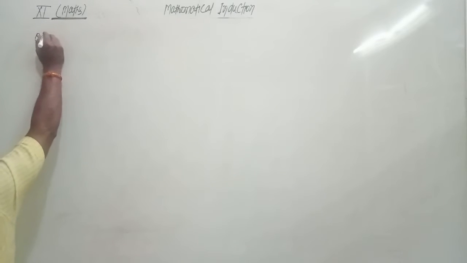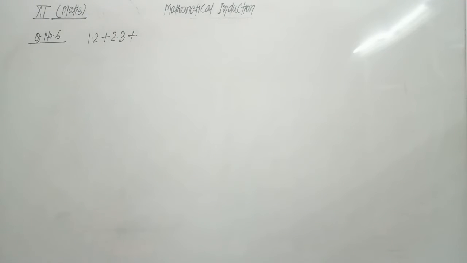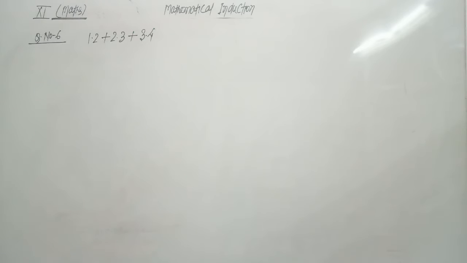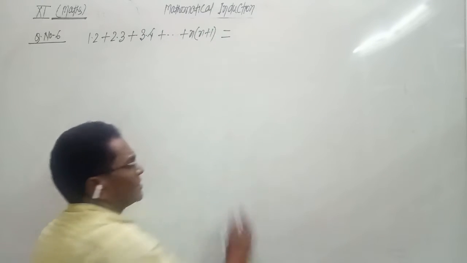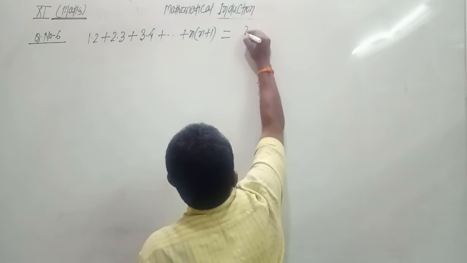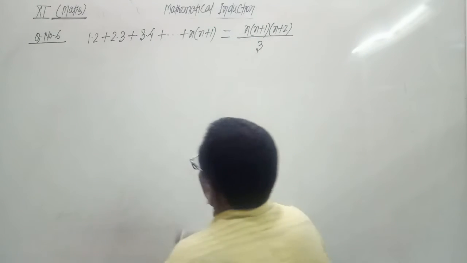Now question number 6. One into two plus two into three plus three into four plus dash dash n into n plus 1 equals to the term containing RHS, n into n plus 1 into n plus 2, whole upon 3.